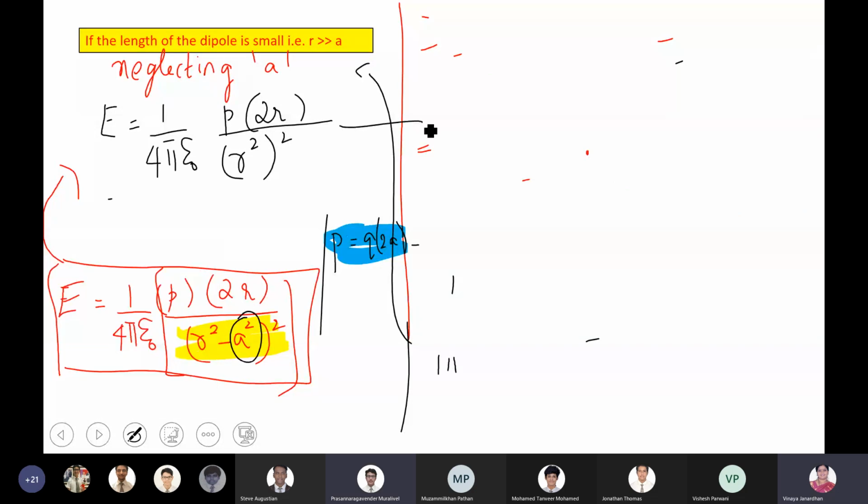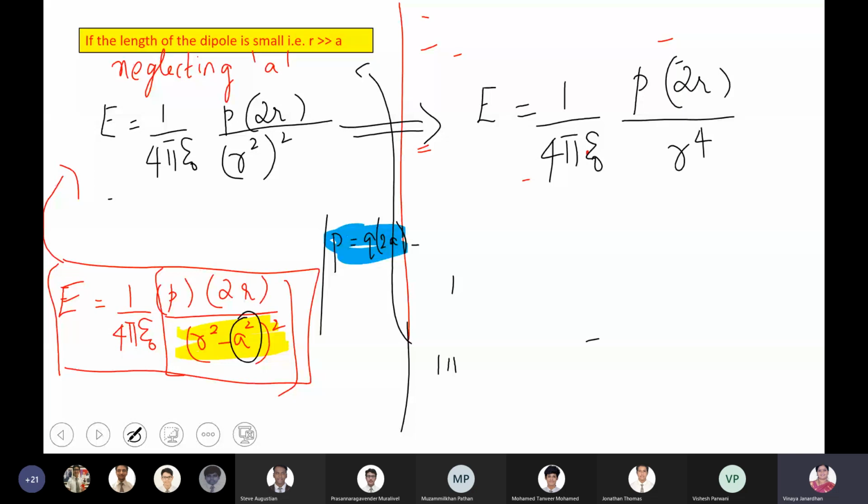E is equal to 1 by 4 pi epsilon naught P into 2R divided by R to the power of 4. Shall we cancel this? Yes. E becomes equal to 1 by 4 pi epsilon naught 2P divided by R cube.